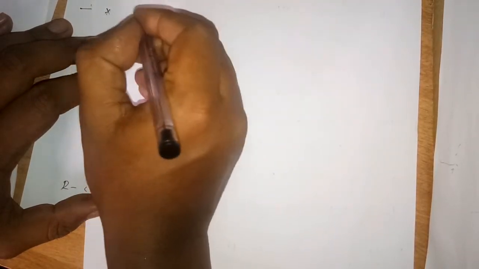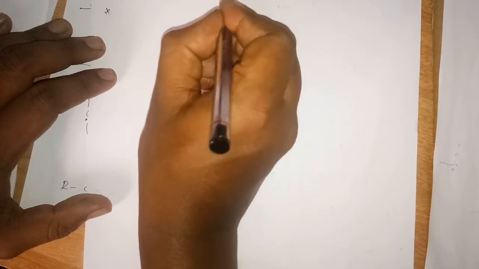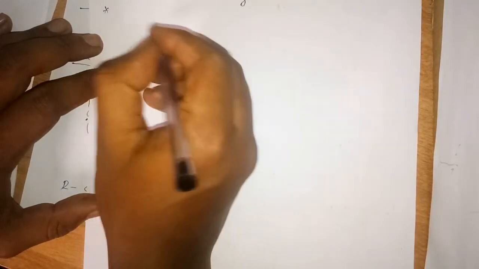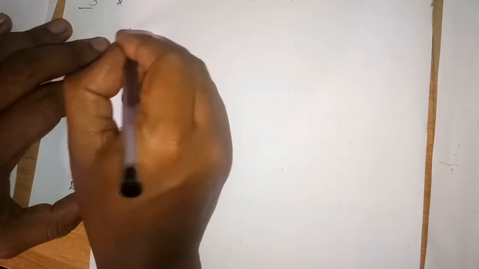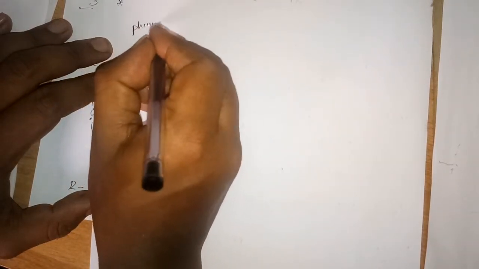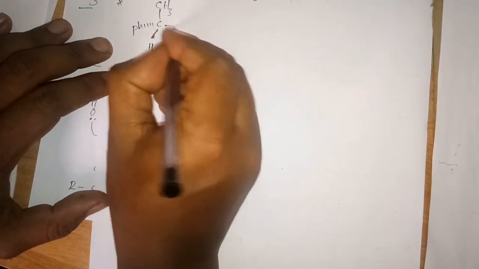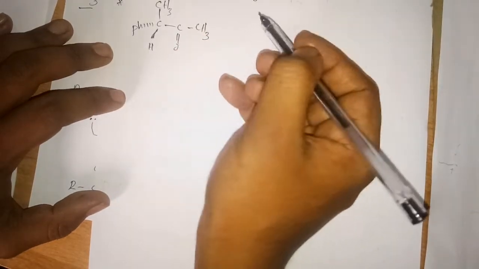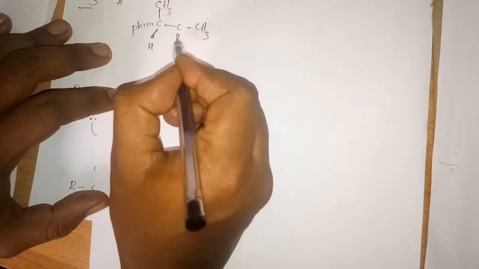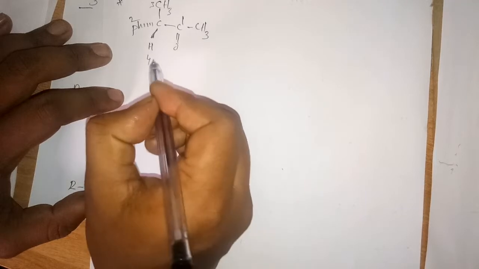Now with respect to stereochemistry, during this rearrangement, take Ph, CH3, H, C double bond O, CH3. With respect to RS notation, this is 1, this is 2, this is 3, this is 4.